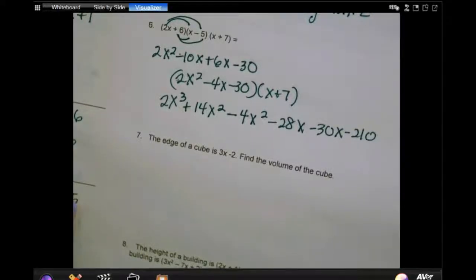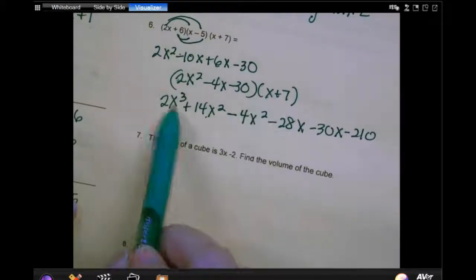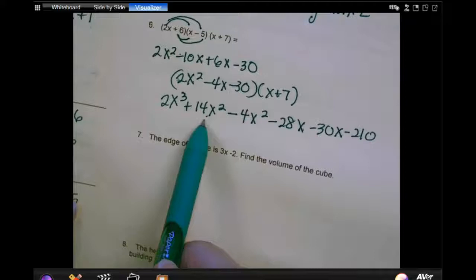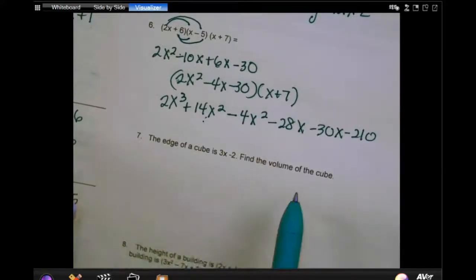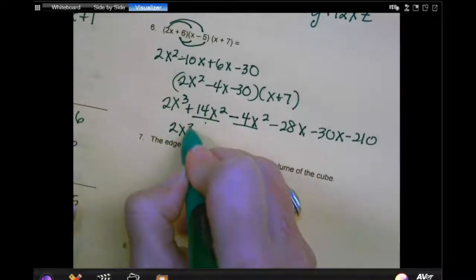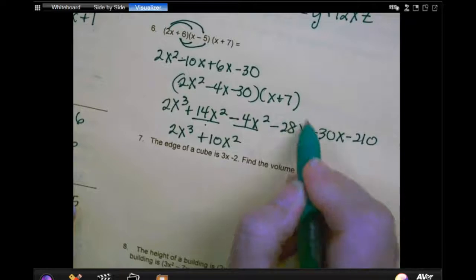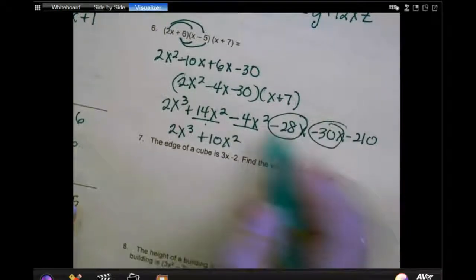Where? This one? So 2x times x gave me the 2x to the third, right? But 2x times the 7 is 14x squared. And then I'm going to combine like terms. So I'm going to put this one and this one together, and then this one and this one together.